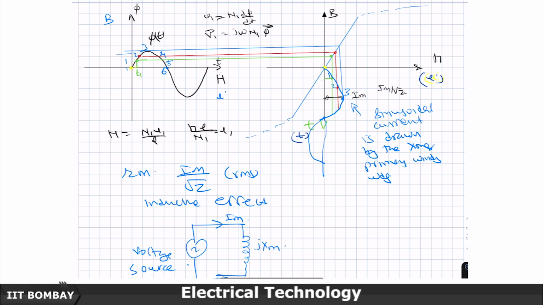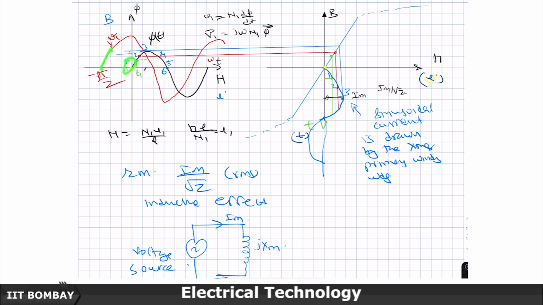So, the voltage phasor is going to lead the flux phasor by 90 degrees, which means that its zero crossing would have happened a quarter of a time period before the zero crossing of the flux phasor.